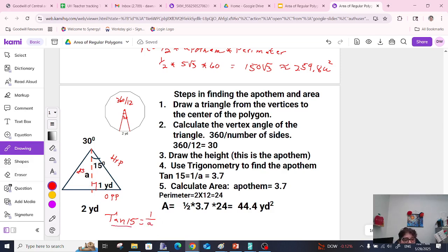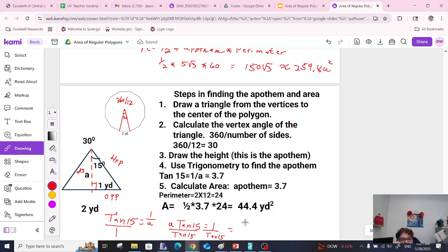I need to cross multiply. You get A times tangent 15 is equal to 1. And you have to divide by the tangent of 15. And when we're doing these, so you don't get rounding errors, go out to 4 decimal places.